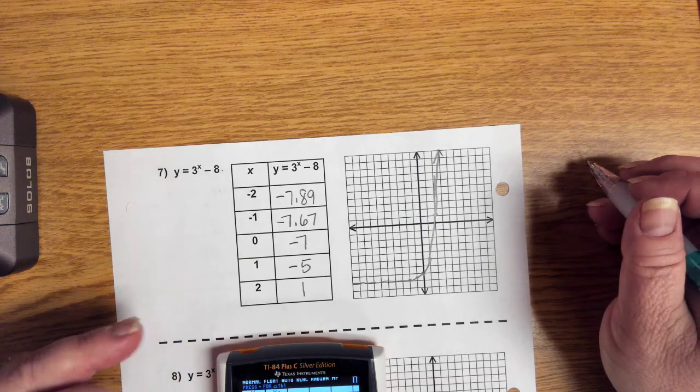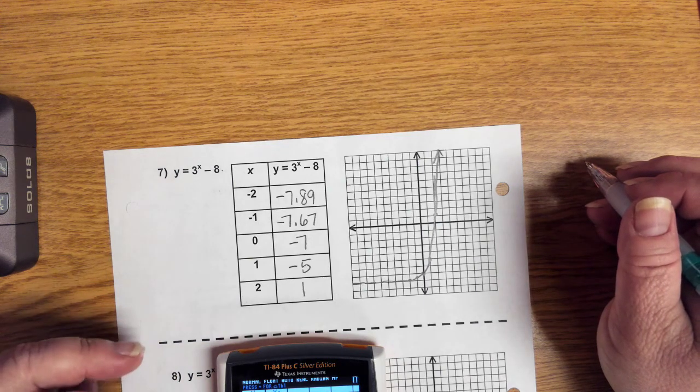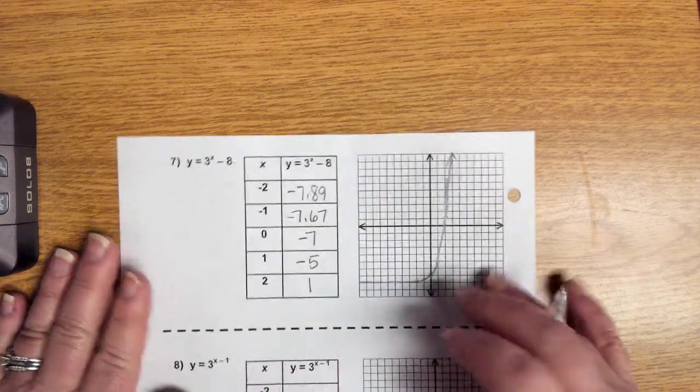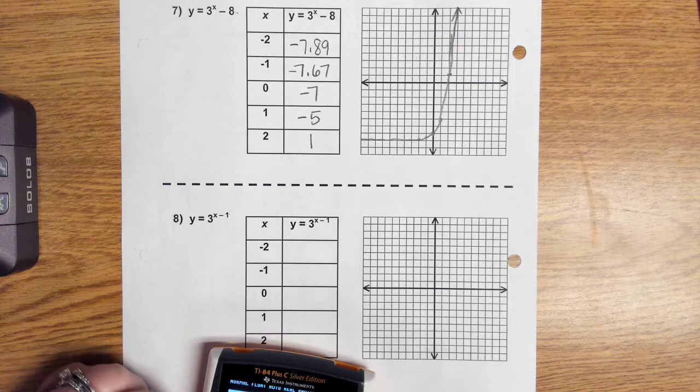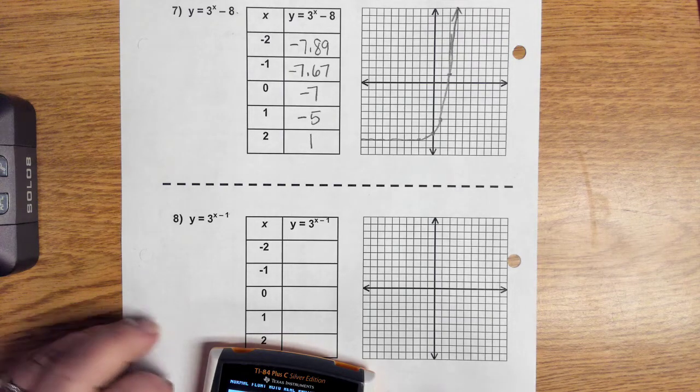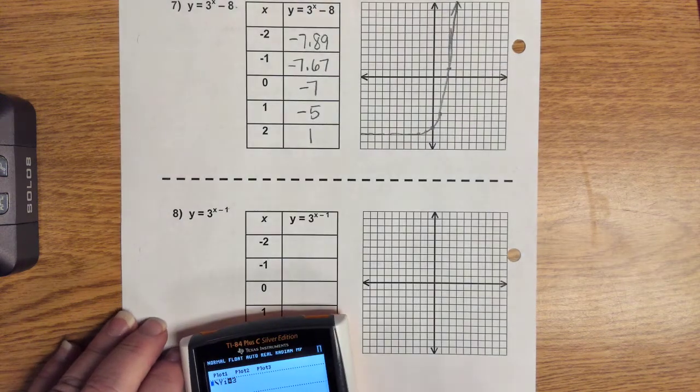Let's see what happens here. Now I get 3 to the power of x minus 1.